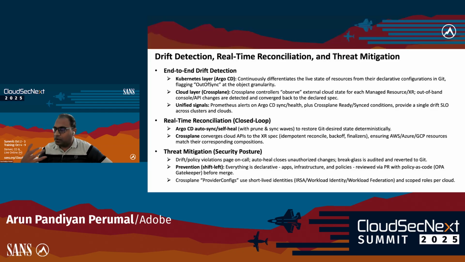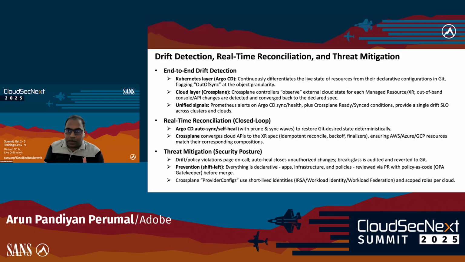So what does this architecture offer us in terms of drift detection, real-time remediation, and threat mitigation? Under end-to-end drift detection, at the Kubernetes layer, Argo CD constantly checks whether the running or provisioned resource matches what's defined in the Git repositories. If something drifts away, it flags it as an out-of-sync resource, so it alerts the application team or the platform team to resolve that issue.